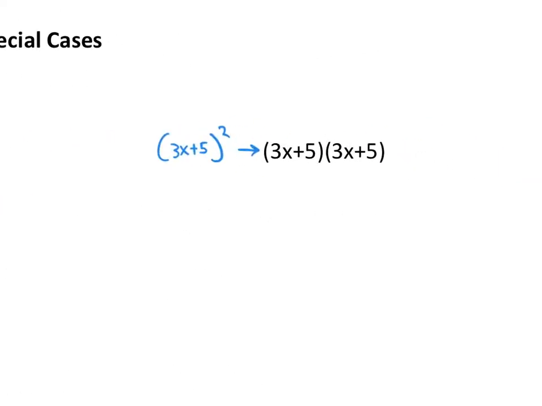And then on this one, we'd get a 9x squared plus a 15x plus a 15x plus a 25. And that would simplify to 9x squared plus 30x plus 25.